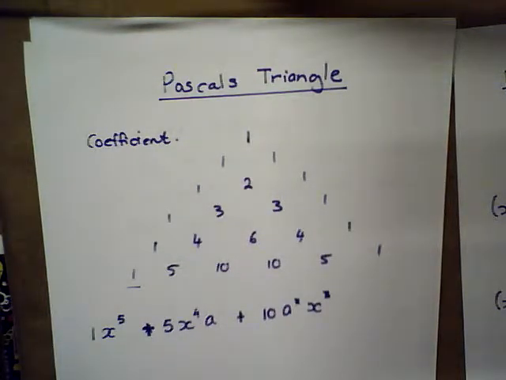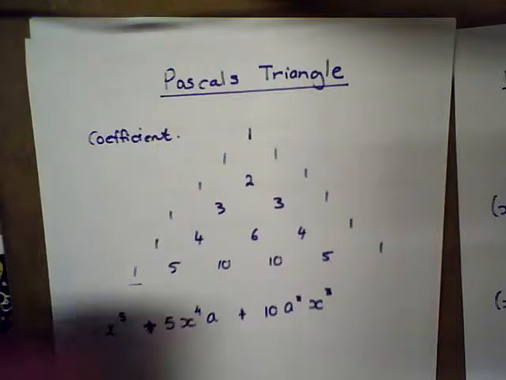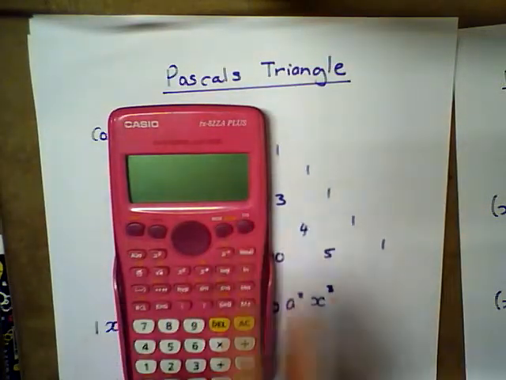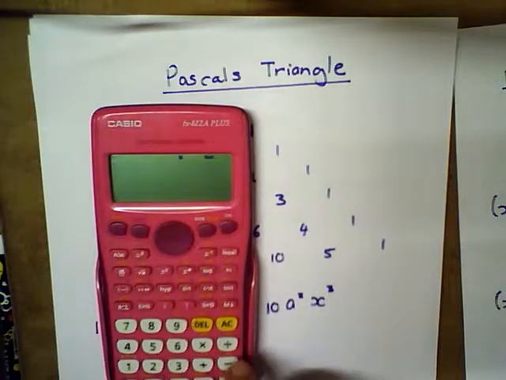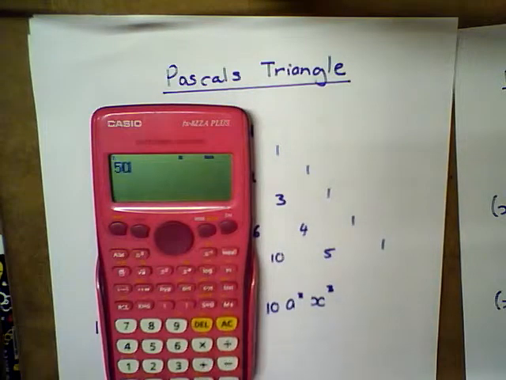Well, it can go up to how many distributions you want to, but our calculators also have a little key to help us with that, and that's the nCr key. That's the little key here on my calculator with a division sign. So I will press 5 nCr 0. That would give me 1.